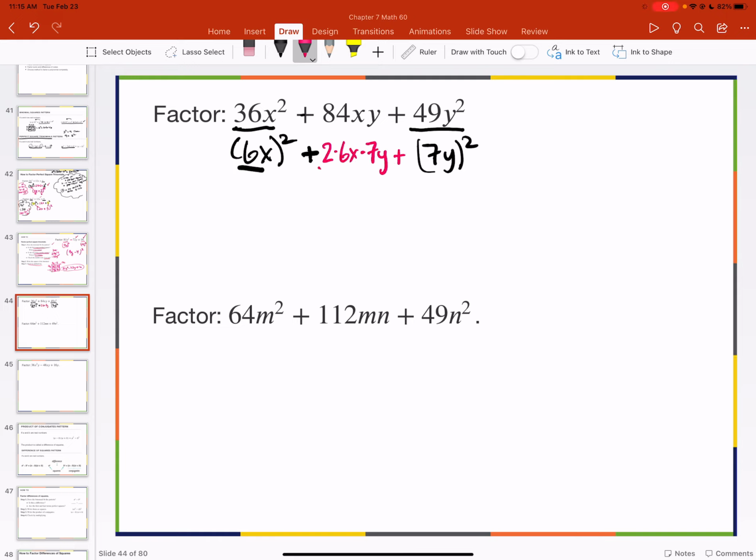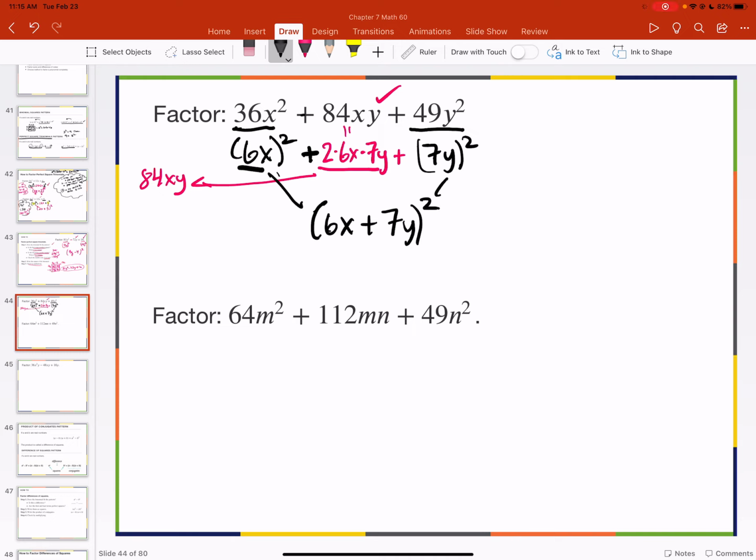If these two equal each other, then we're good. So 2 times 6, 12, times 7, that's going to be 84xy. So it does check. So then your last step is you just go 6x plus 7y, and then squared.